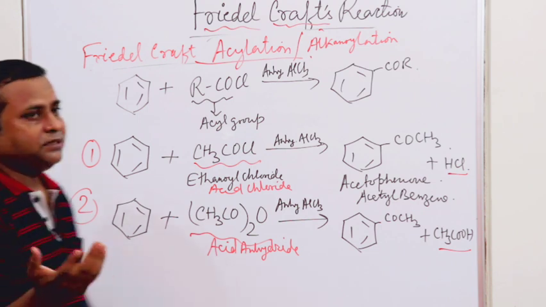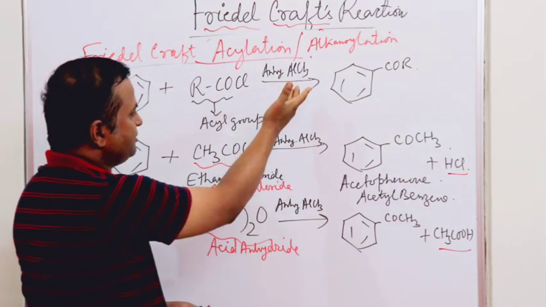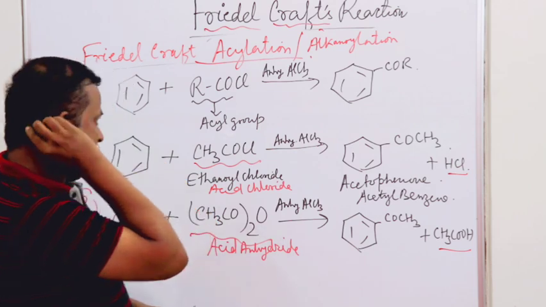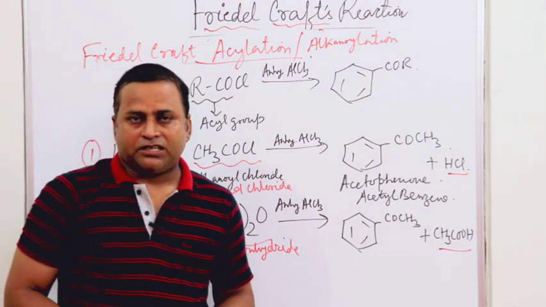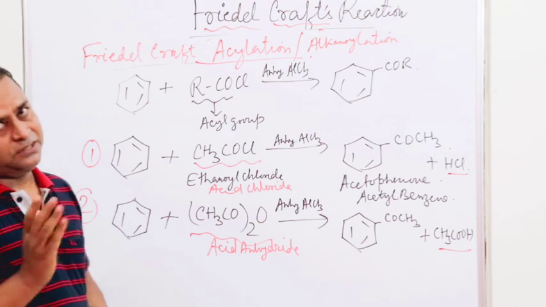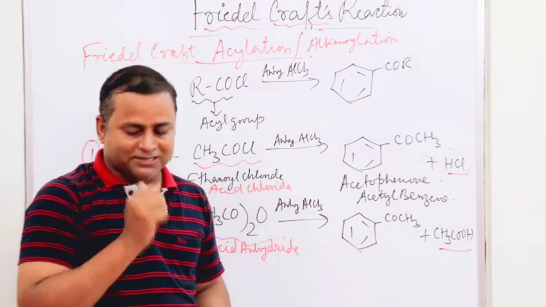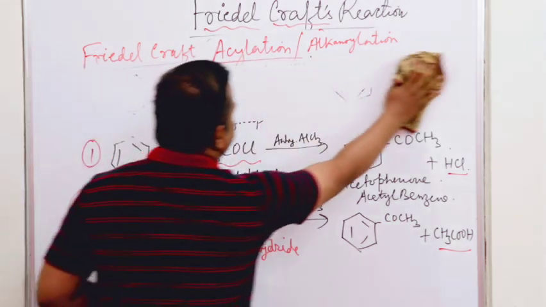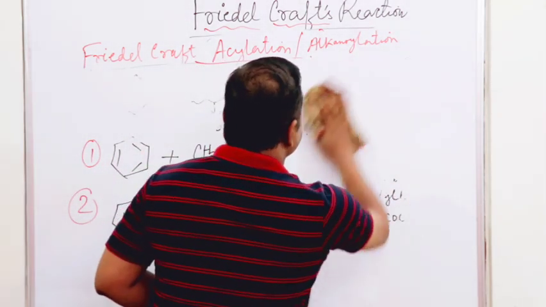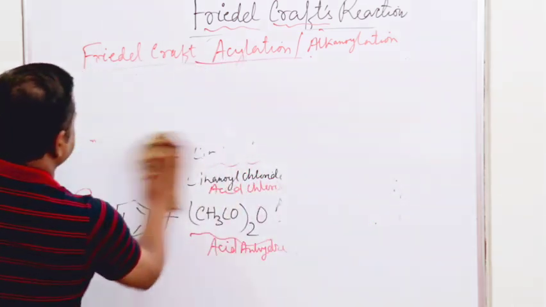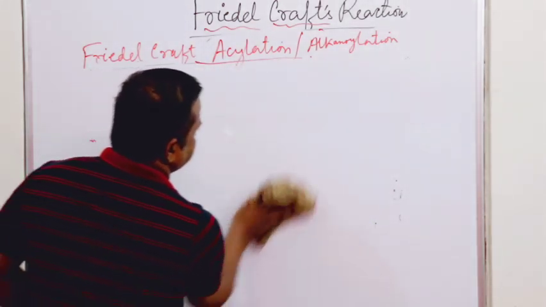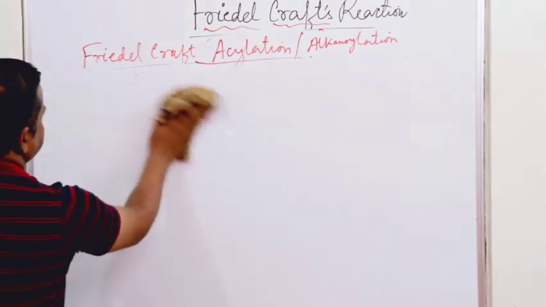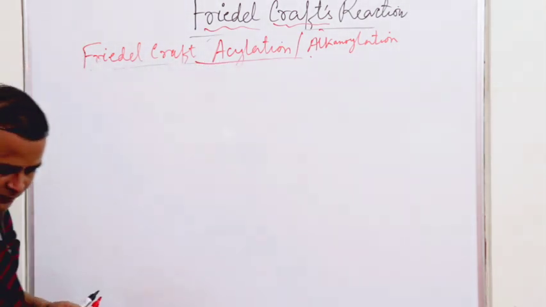Now, the function is the same, anhydrous AlCl3, and this also proceeds through a carbocation mechanism. This also has certain limitations. Let's see what those limitations are. So I'm rubbing this and writing the limitations.